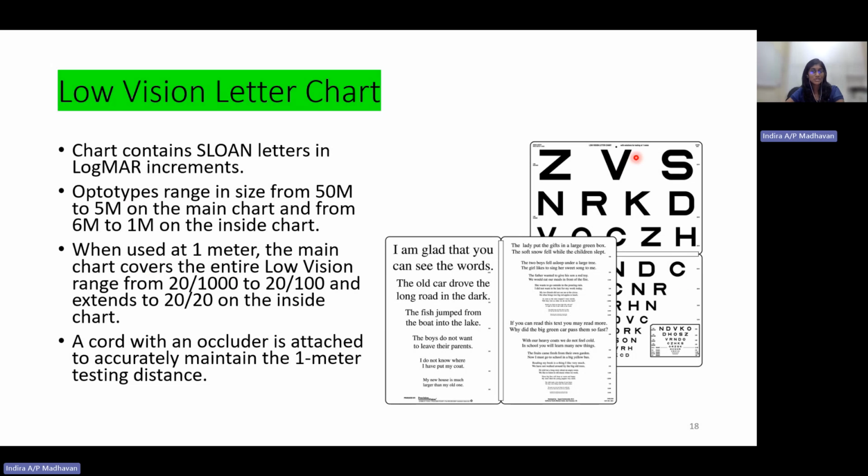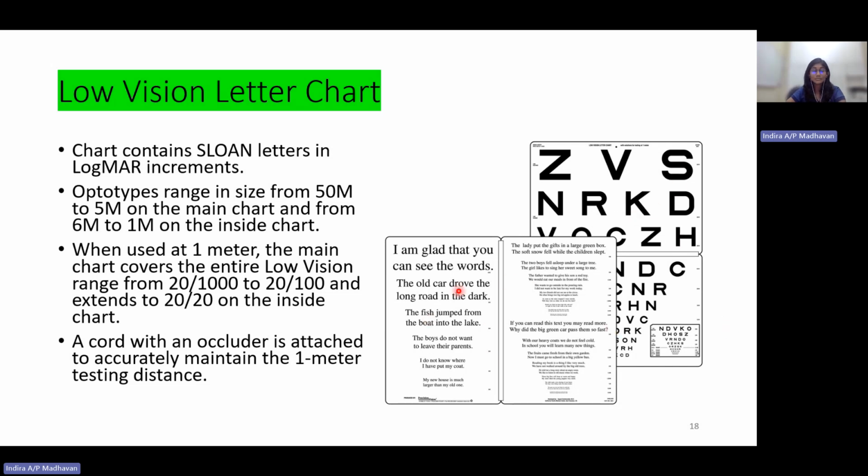When you use this for 1 meter, it ranges from 20/1000 to 20/100, and then this extends to 20/20. So it covers from 20/1000 to 20/20, and it comes together with a cord and occluder to maintain the 1 meter distance when you use the distance chart.